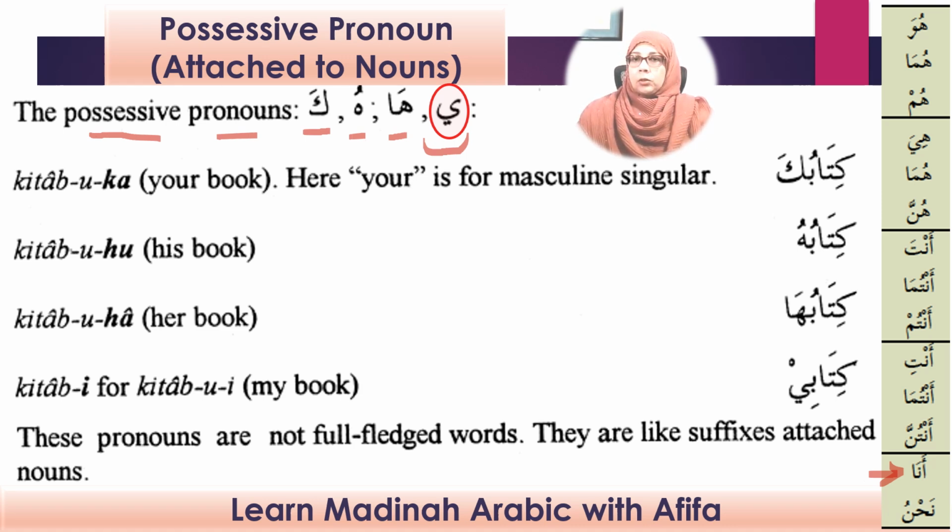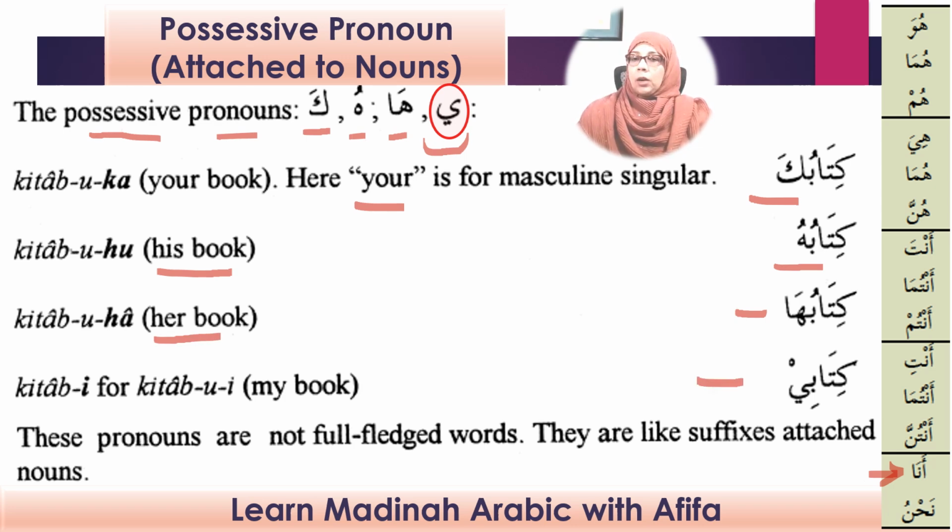Okay, so let's look at this over here. It is kitabuka, meaning your book. We looked at that in the last lesson. Kitabuhu, meaning his book. Again, attached pronoun. Kitabuha, meaning her book. Again, an attached pronoun ha, right?